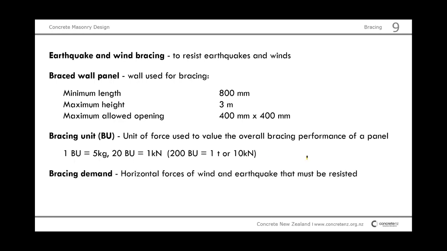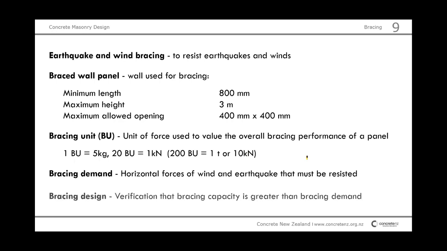And firstly, we have to identify the bracing demand for our building if it's built and located in this location on a specific soil type. And then we do the bracing design. Then we check if our design fulfills the bracing demand.